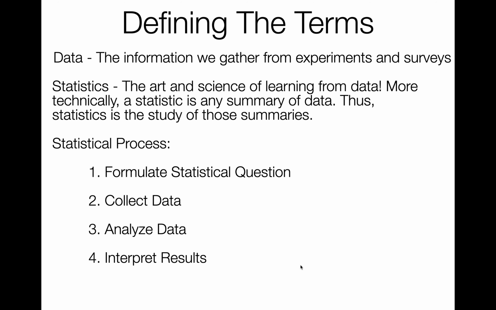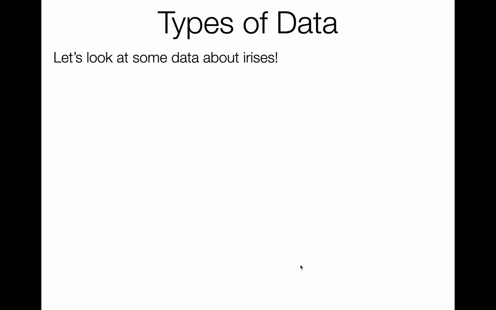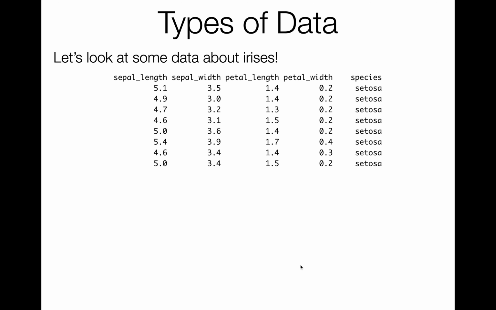So let's look at some data. The first data set that I want to look at is a data set about irises. An iris is a flower, if you didn't know that. Here's a typical data set, a set of data. In this simple data set, I've collected information about 8 irises.